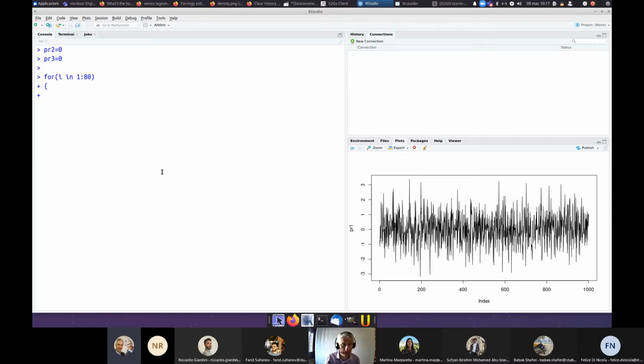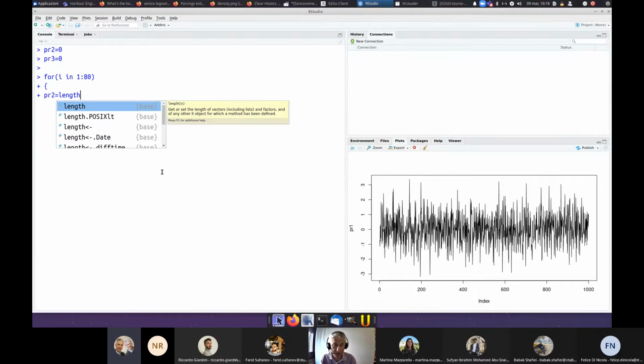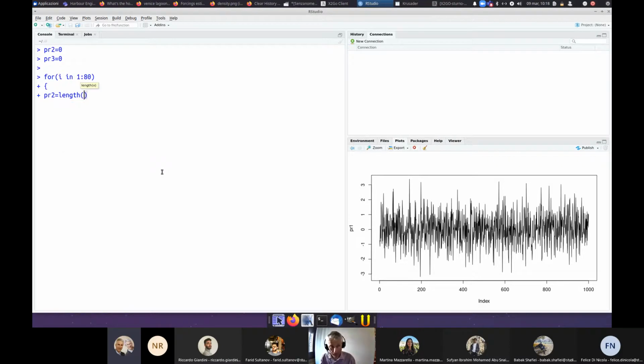Now let me compute the frequency. Remember that the vector of the observations is called PR1. Now let me compute the frequencies, or the number of times that numbers fall in each interval. So let me put the number of times in a vector which I previously defined called PR2. So PR2 is equal to length. Length means the length of a vector, of what?